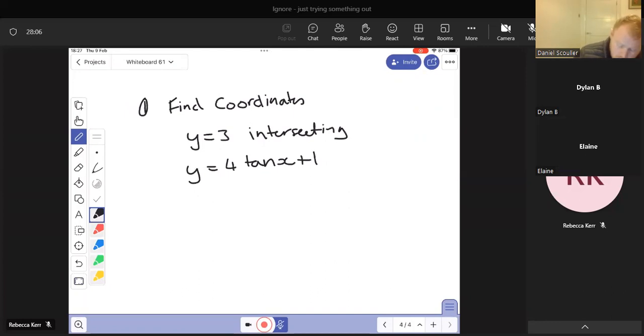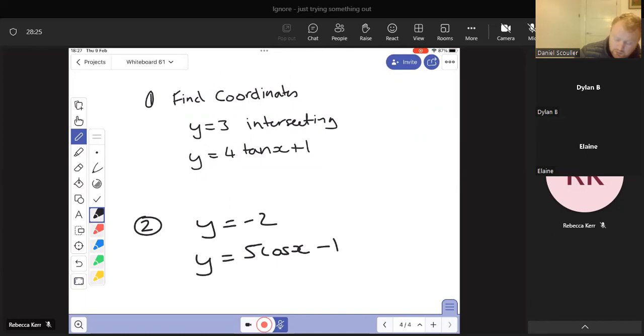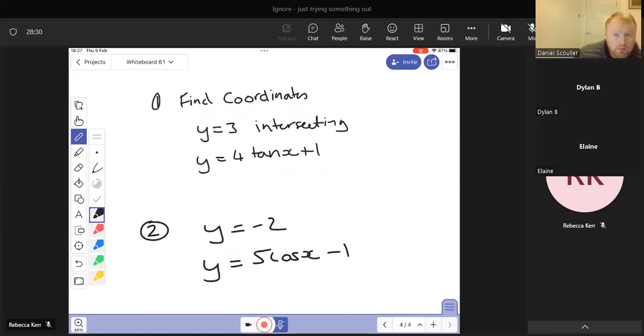Okay. So the second one, find the coordinates of y equals -2 and y equals 5 cos x -1. Okay. So have a go at finding the coordinates of those two, give that a wee bash over the next 5 minutes or so, okay?